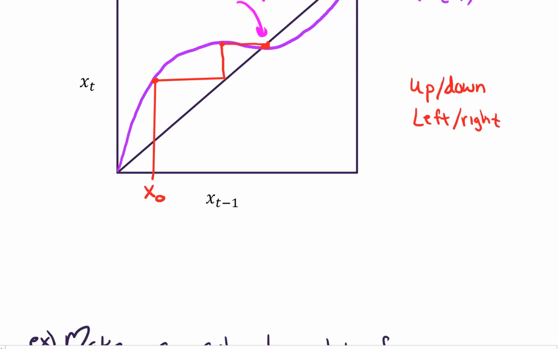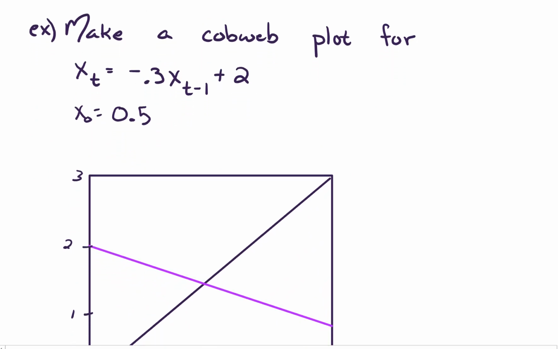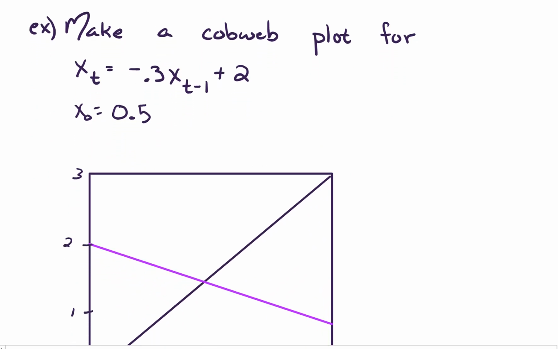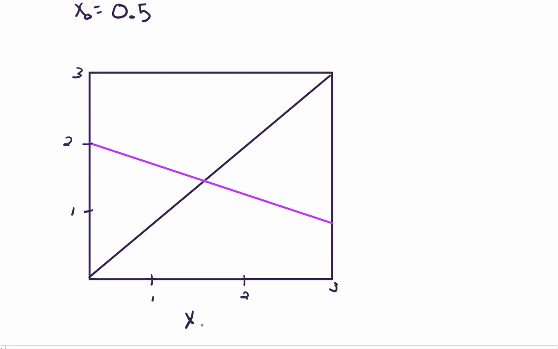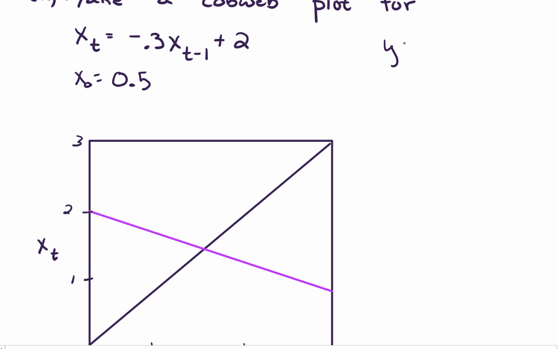Let's do another example. Let's make a cobweb plot for x sub t equals negative 0.3 x sub t minus 1 plus 2. And we'll start with an initial condition 0.5. Okay, so first of all, how do we plot this particular recurrence relation? Well, if we're going to plot it in a plane that has x sub t minus 1 on the horizontal axis and x sub t on the vertical axis, that's essentially saying, how would you plot the line y equals negative 0.3 x plus 2?